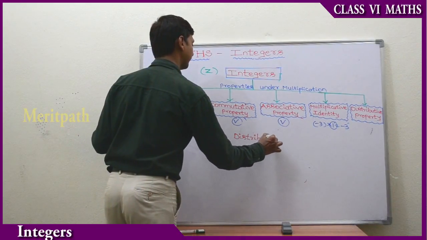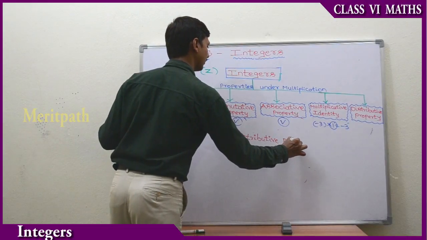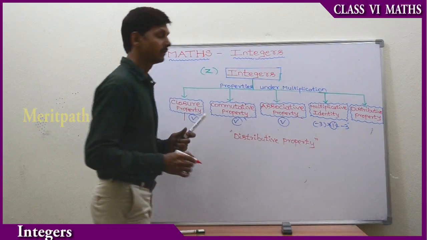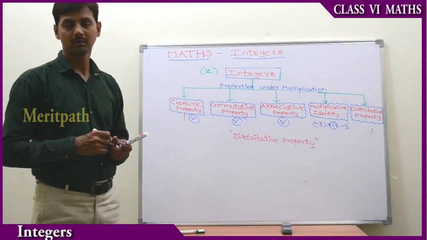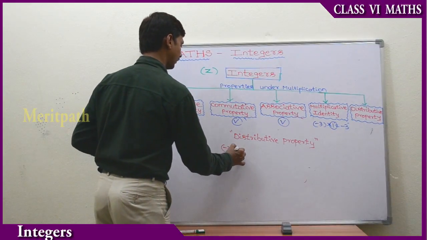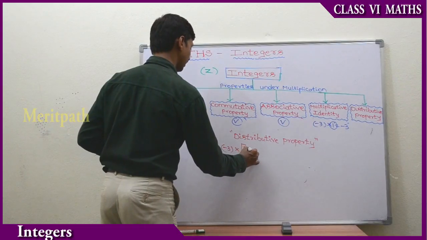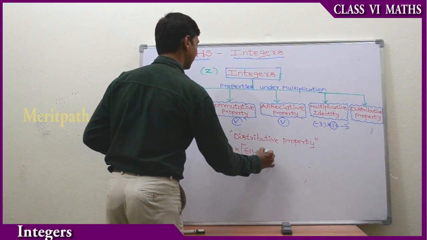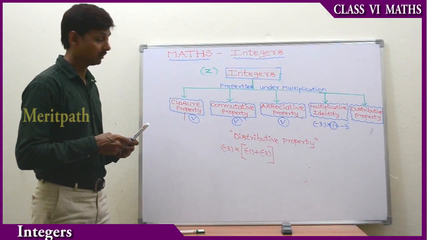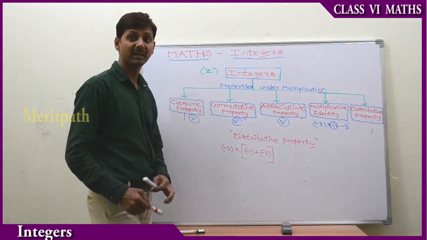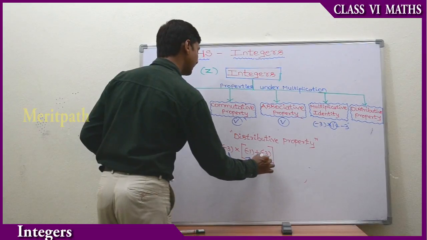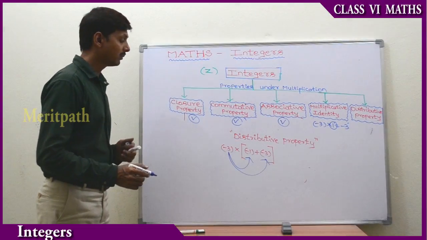Distributive property. So if we take an integer, say minus 3, over multiplication, minus 1 plus minus 3. We need to distribute this minus 3 over minus 1 and minus 3, so that minus 3 is multiplied with minus 1 and minus 3 is multiplied with minus 3.